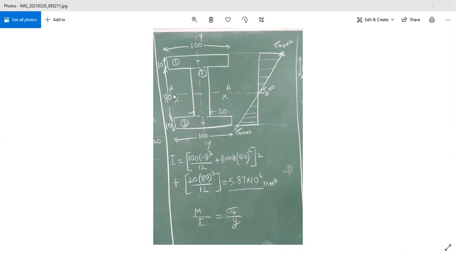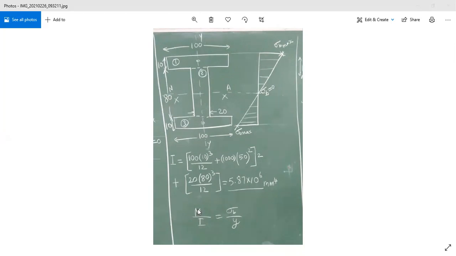That is the distance from the neutral axis to this section's centroid, and this distance is nothing but 50 square. The same section is at the bottom also, same dimension, same distance from the neutral axis, so I can multiply by 2, plus the web, bd cube by 12. If you simplify this, I get 5.87 into 10 power 6. So we have obtained the I value.